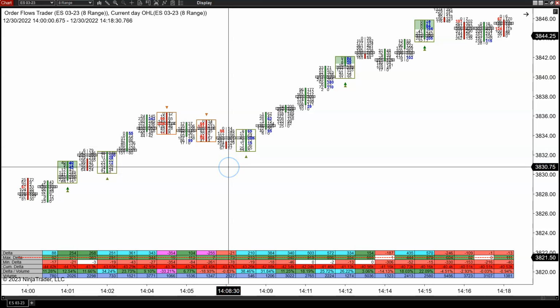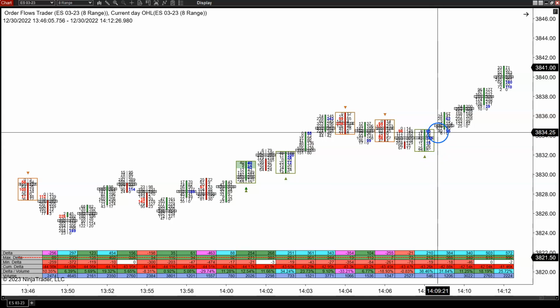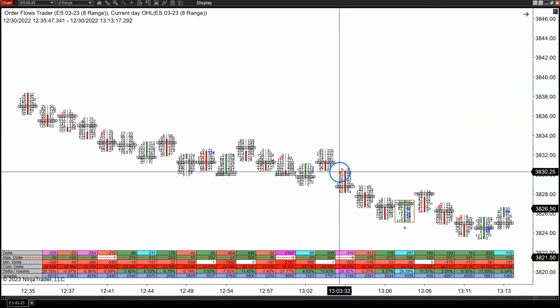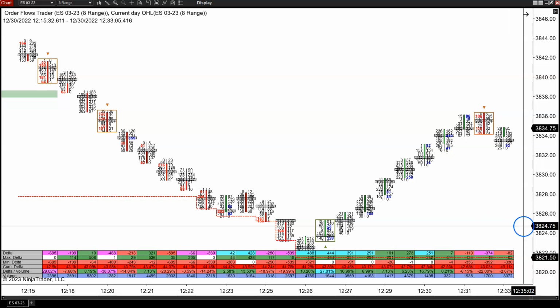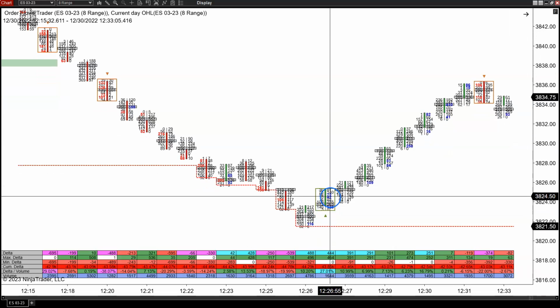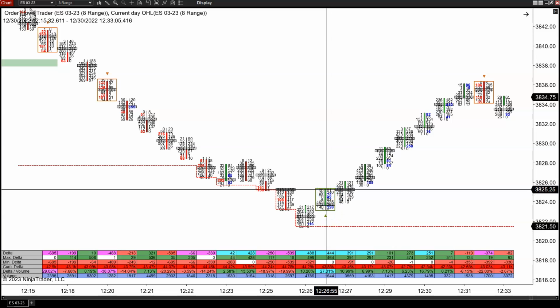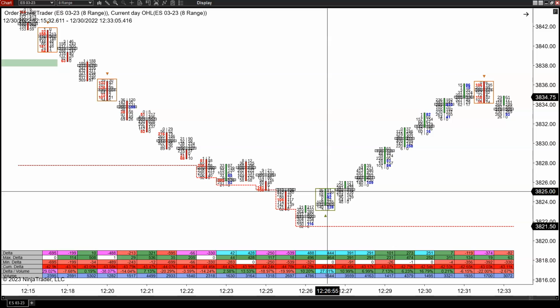So when you're looking at imbalances, again, look for those bars that have the multiple buying imbalances off of the low. That was the whole point of this exercise today, talking about the bars that have multiple buying imbalances off of the low. Because you're looking at structure. You're at a low. Is the market telling you, buy me?